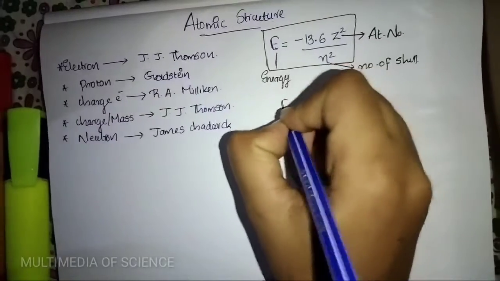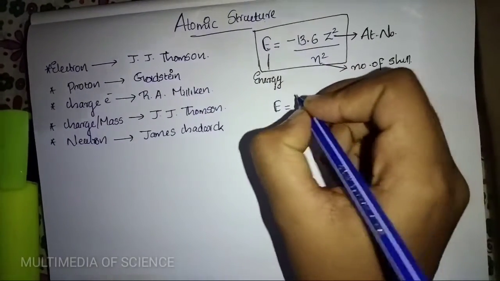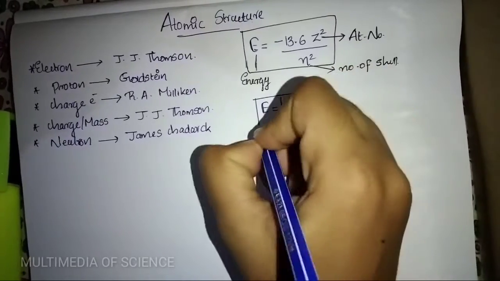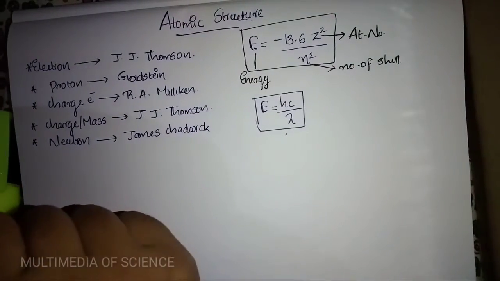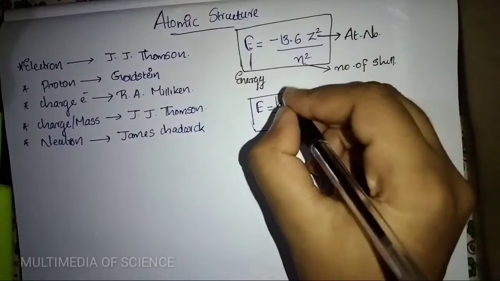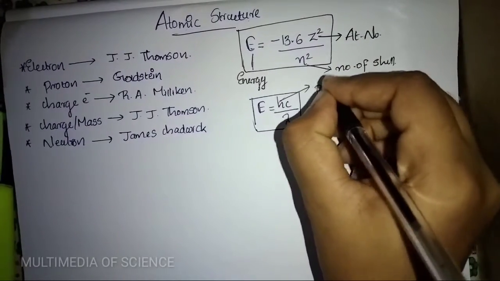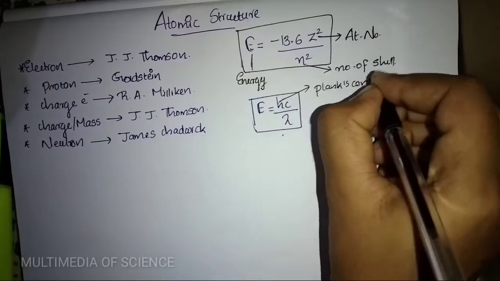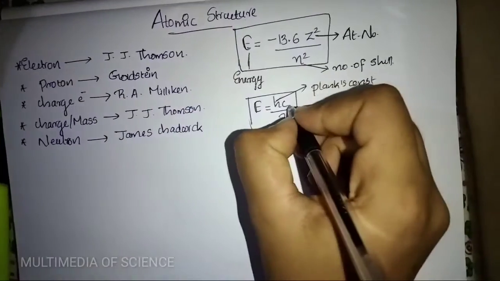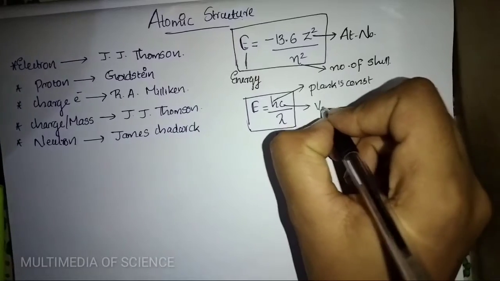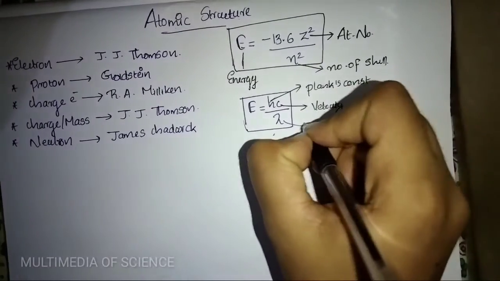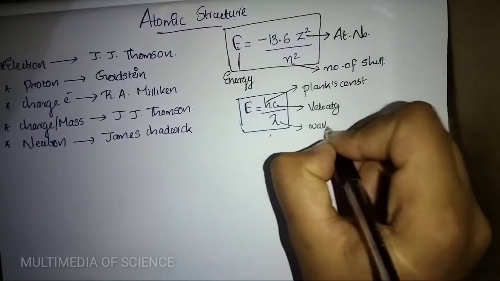Another equation for energy is E equal to hc by lambda. Here H is Planck's constant, C is the velocity of light, and lambda is the wavelength.